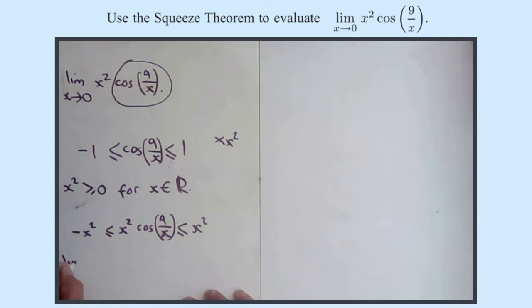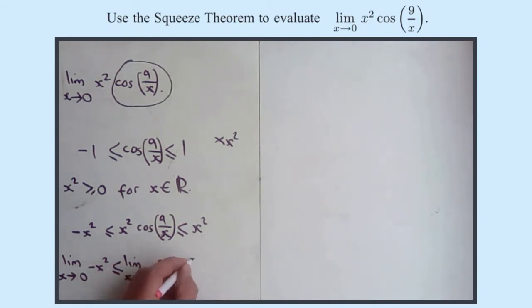The limit as x approaches 0 of minus x squared must be less than or equal to the limit as x approaches 0 of x squared cos 9 over x, which must be less than or equal to the limit as x approaches 0 of x squared.